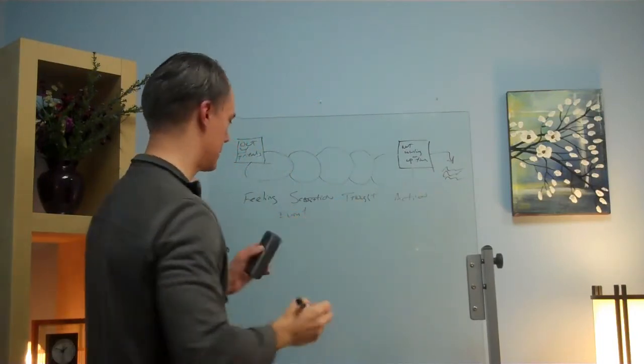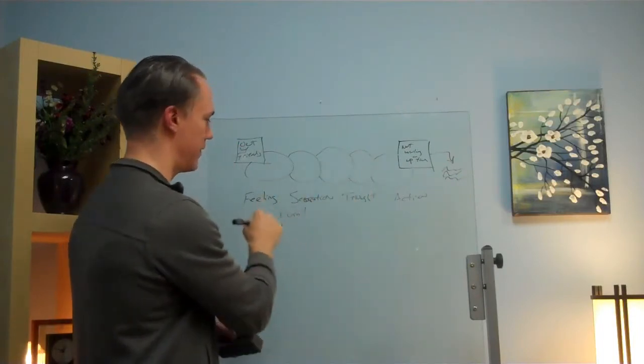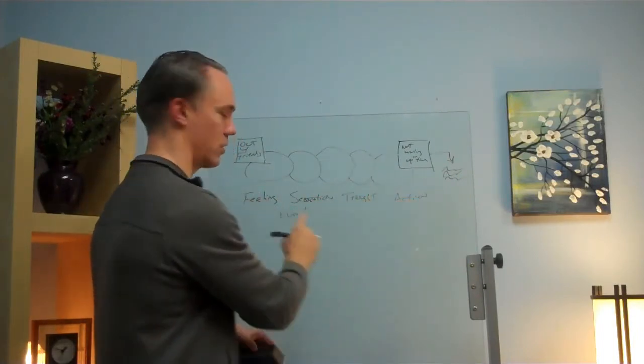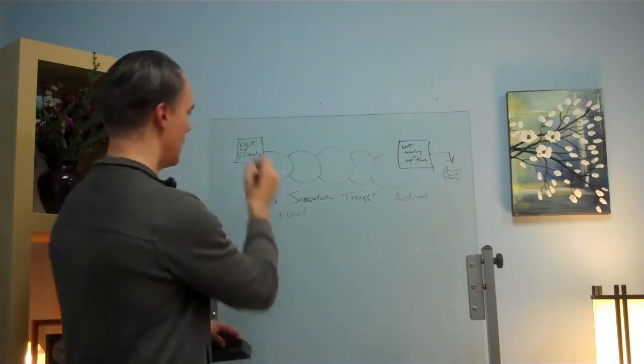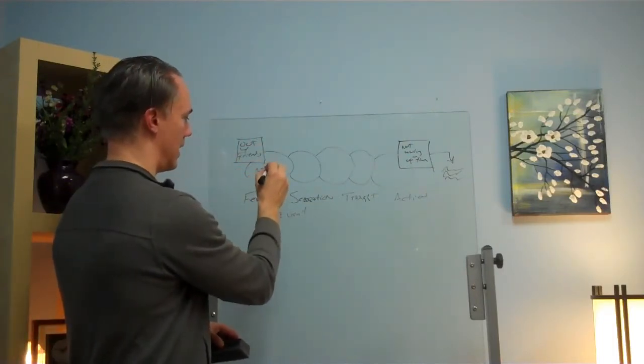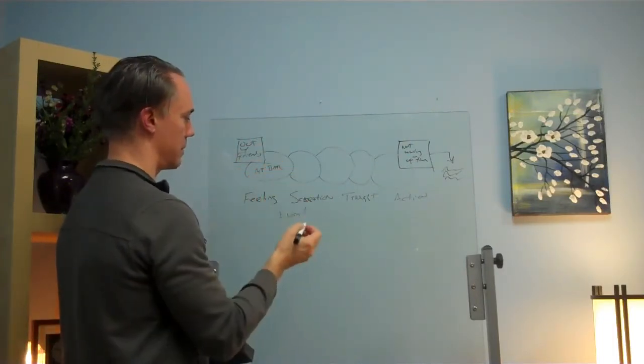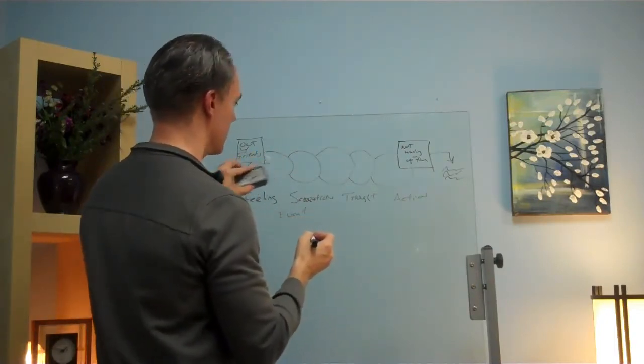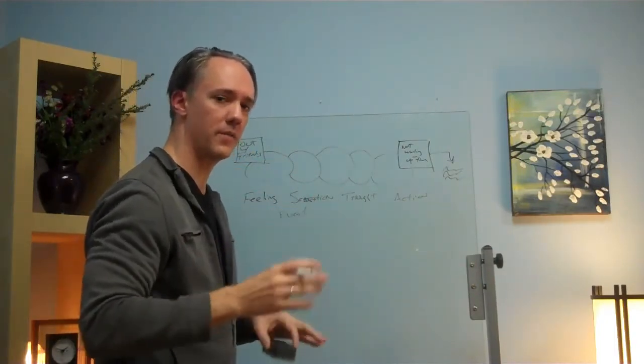So you want to keep that in mind. It's either these links are going to be a feeling, a sensation, a thought, an action, or an event. Out with friends, at bar defines the place a little bit better. So the more specific, the more links we have, the better off we are.